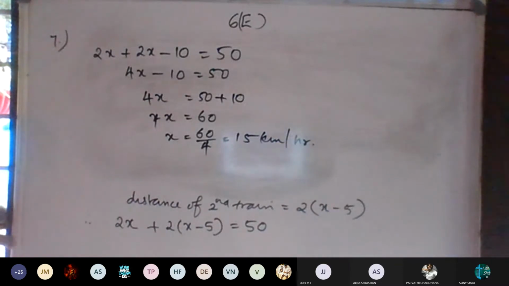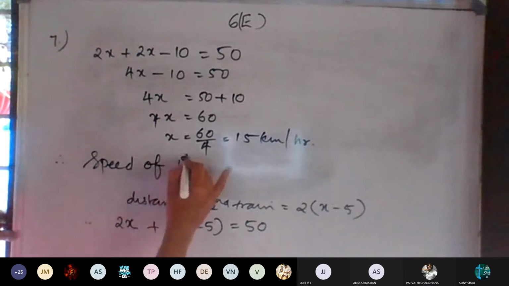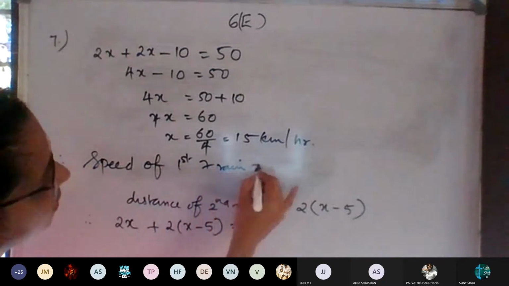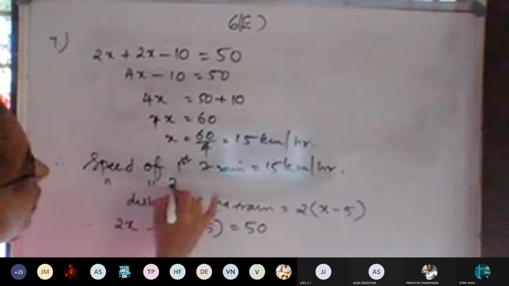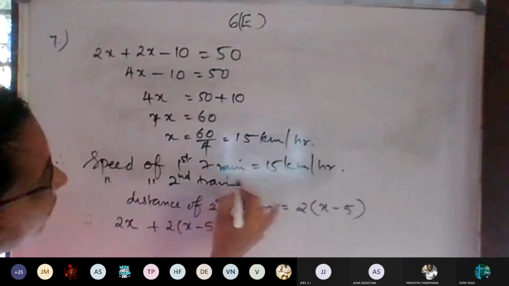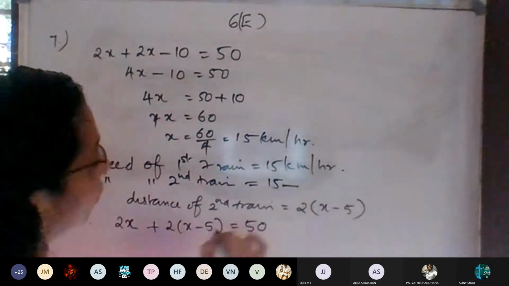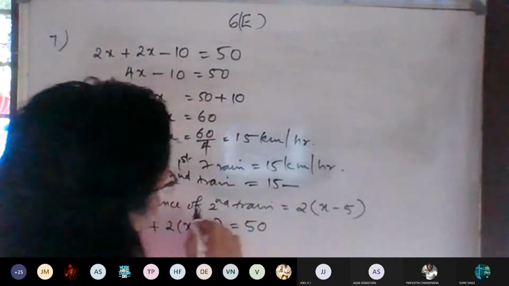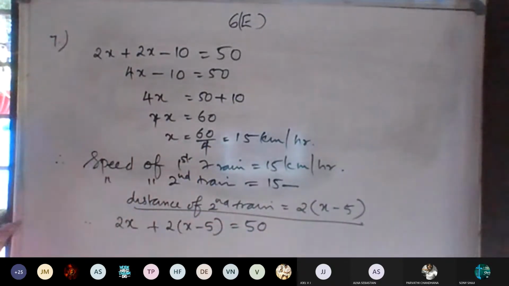Then what is the speed of the second train? The 2 into x minus 5 is the distance.